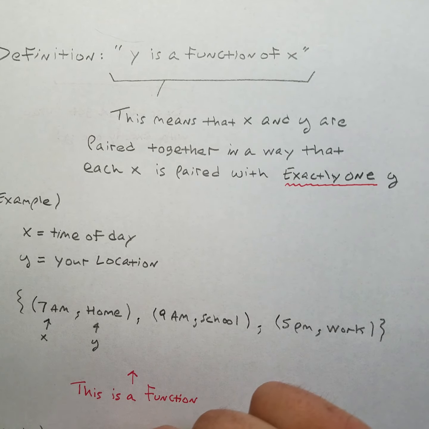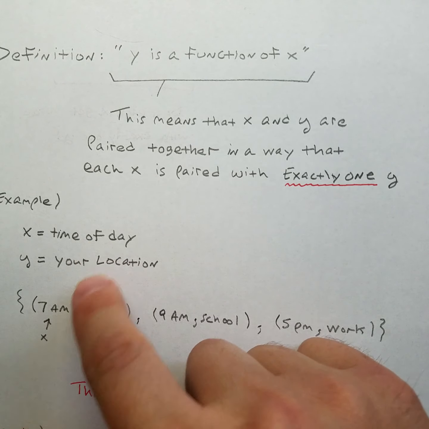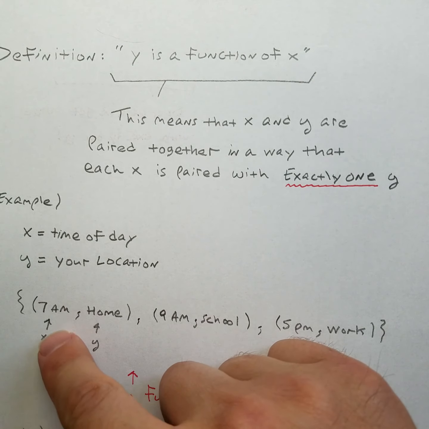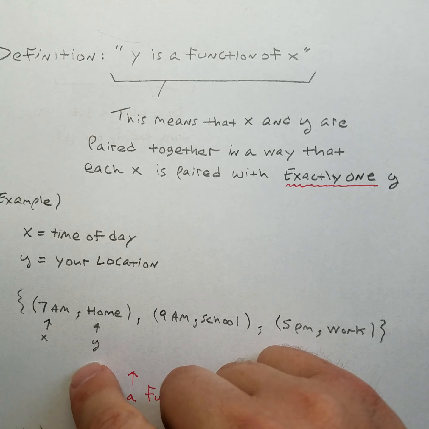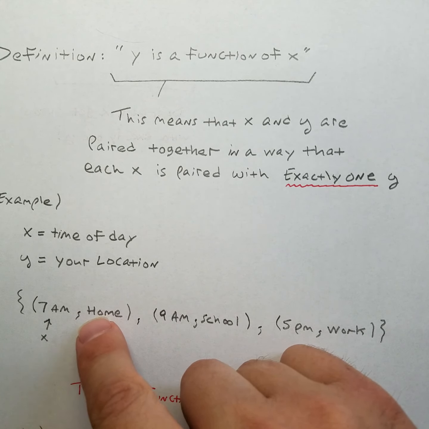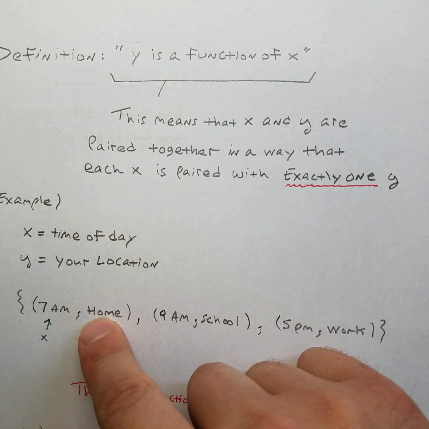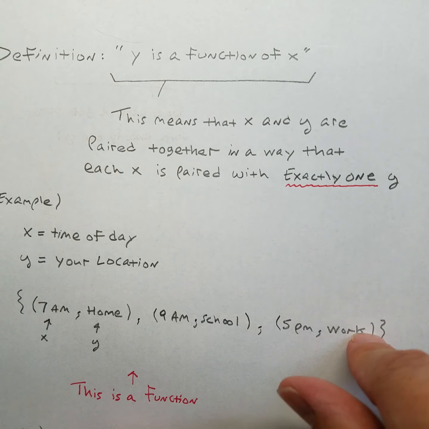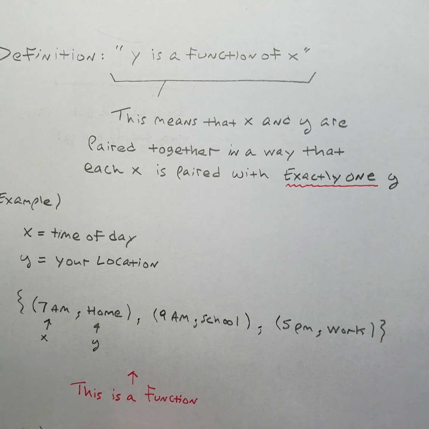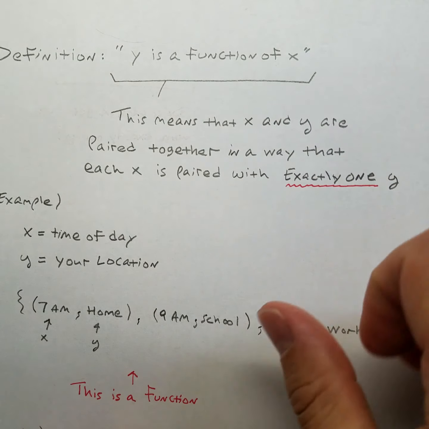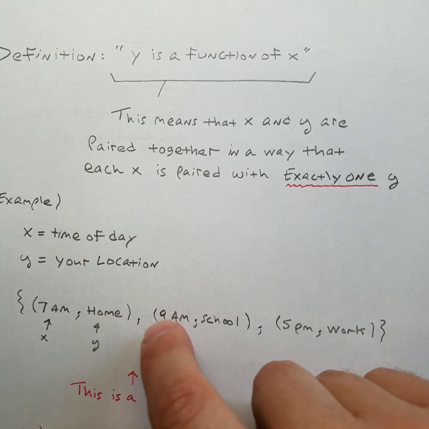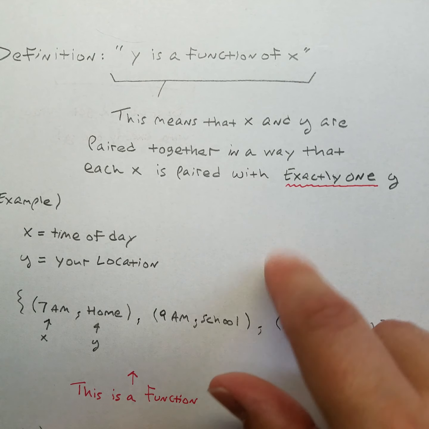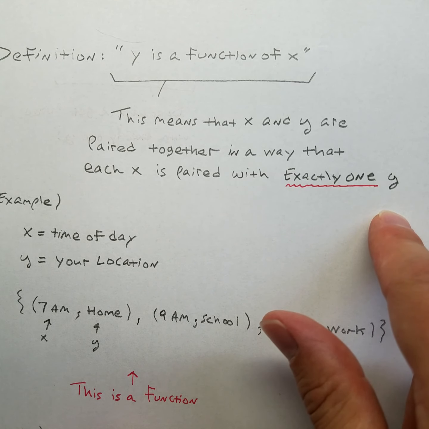I might say the time of day paired with the location: x is the first spot, y is the second. At 7 a.m., maybe you're at home. At 9 a.m. you're at school, and at 5 p.m. you're at work. So they're paired together. Now, is it true that every x is paired with exactly one y?